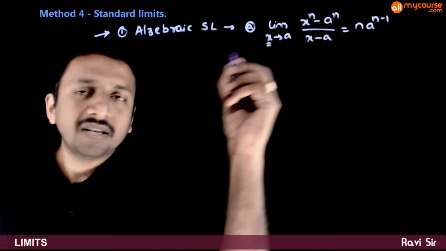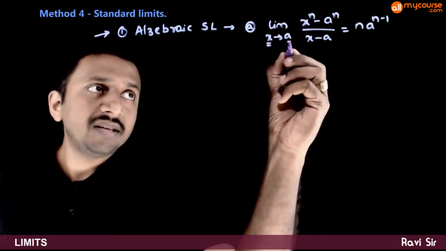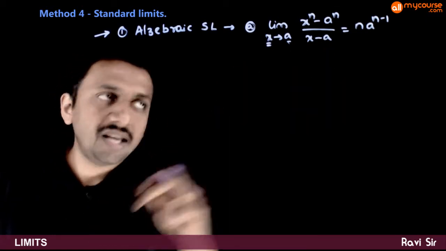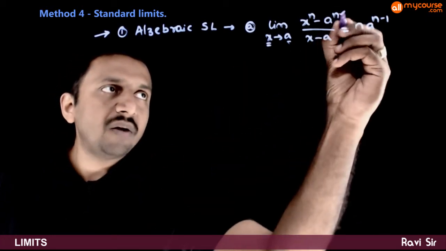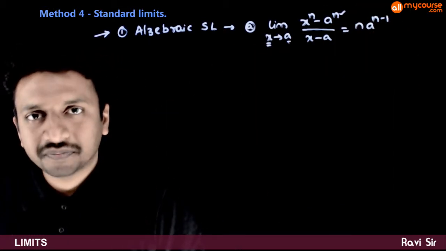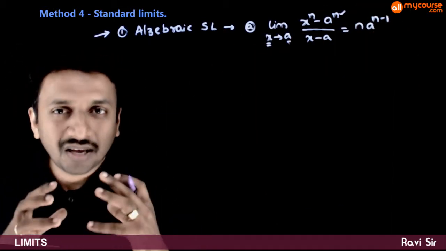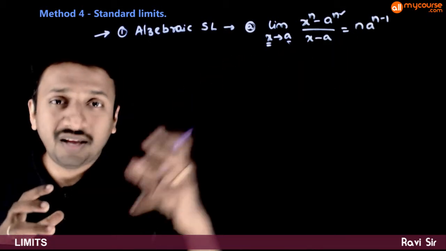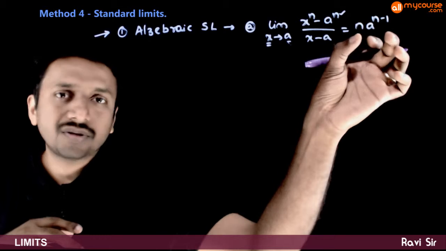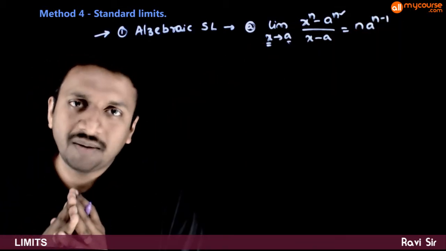Limit something tends to a, something power n minus a power n, by something minus a, is equal to n times a to the power n minus 1. So if in the question of limits you have something like this, you can directly use this formula, n a power n minus 1.